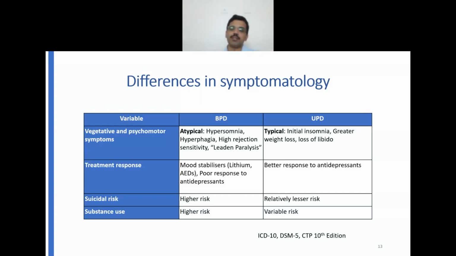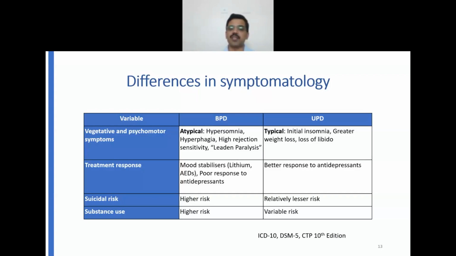But in unipolar depression, we will have typical vegetative symptoms, like initial insomnia, more weight loss, and more loss of libido. Again, coming to the treatment responses, there will be poor response to antidepressants and favorable response to lithium and antiepileptic drugs or mood stabilizers in bipolar depression, whereas unipolar depression has a relatively better response to antidepressants.